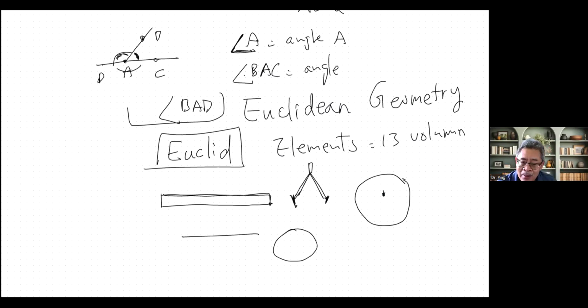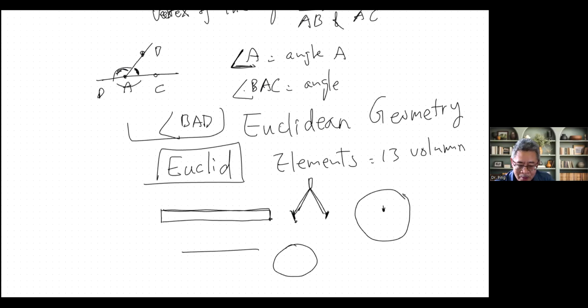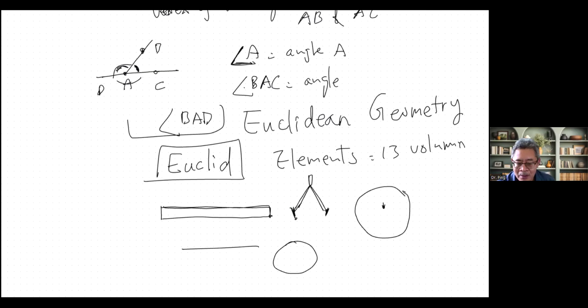So they cannot really measure angle. In practice, we need to know the angle, but when we study geometry, especially Euclidean geometry, we cannot measure angle. But again, this is within the context of Euclidean geometry.